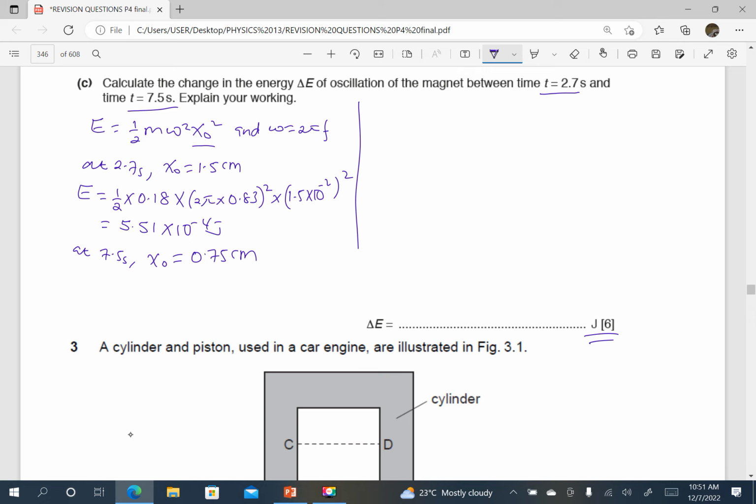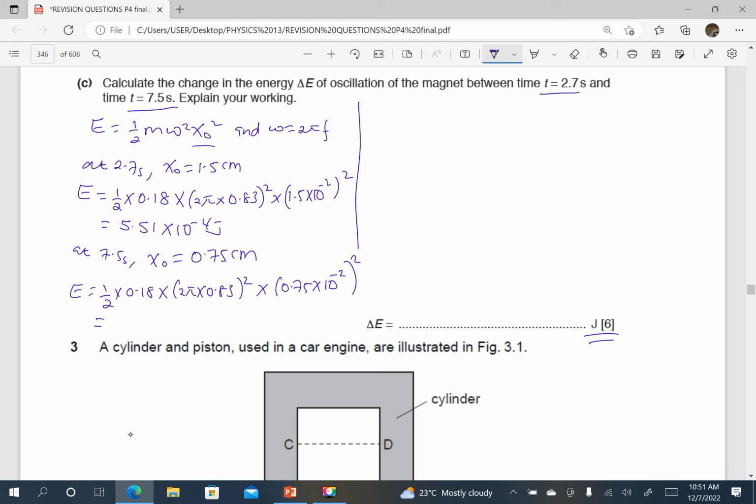So the energy here is going to be a half times 0.18 times 2 pi times 0.83 squared times 0.75 times 10 power negative 2, which is also squared.